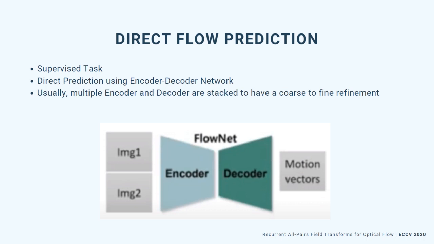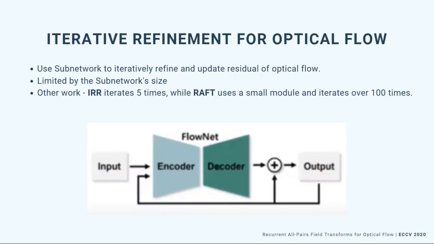But the direct output of the decoder is sometimes of low quality, so we usually employ multiple encoder-decoders, and they are stacked to achieve a coarse-to-fine refinement of the optical flow. Observing this, we may directly treat this problem as a refinement problem.